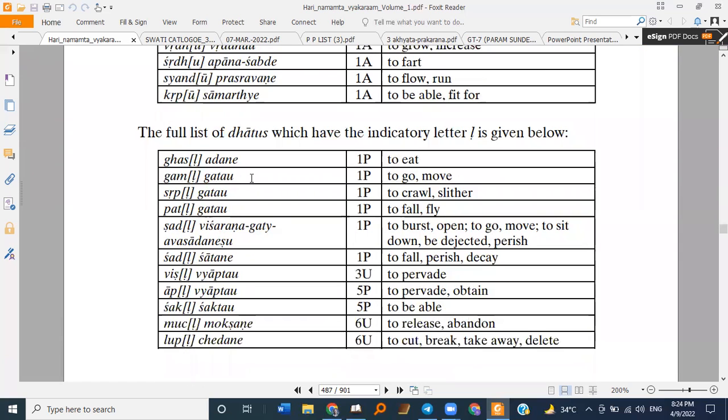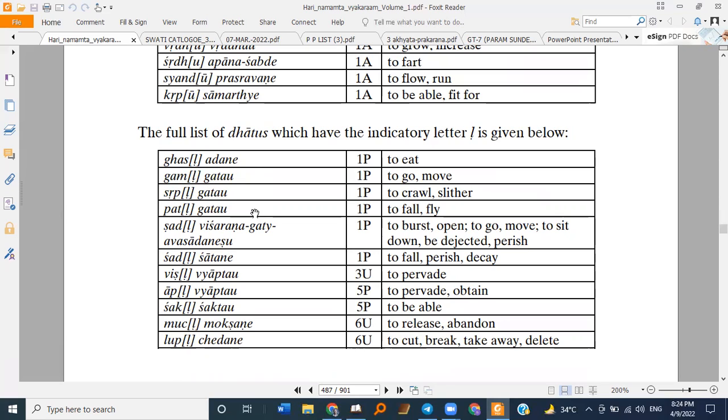Then these are the dhatus which have the indicator letter vri, so ghasri adane, to eat. Gamri gatau. Sripri gatau. The word sarpa ityadi comes from this sripri gatau. And I believe the English word serpent is very close to the word sarpa, right? They have taken it from this verbal root itself.